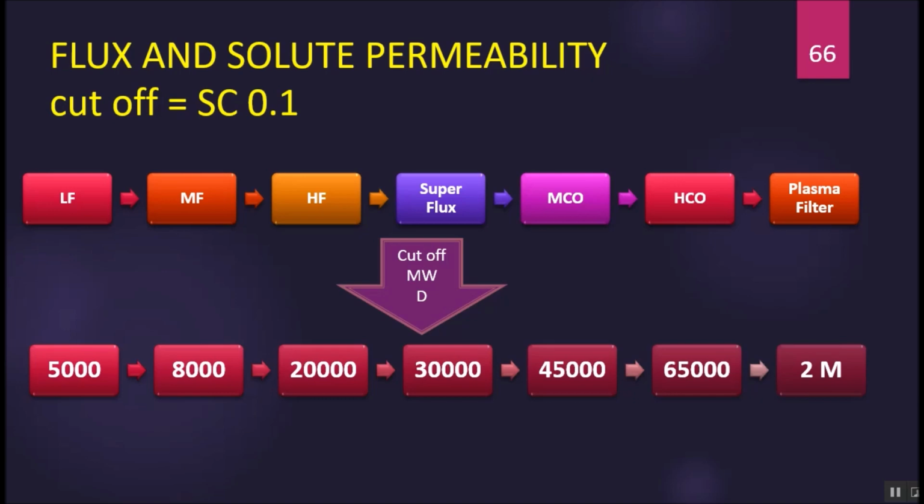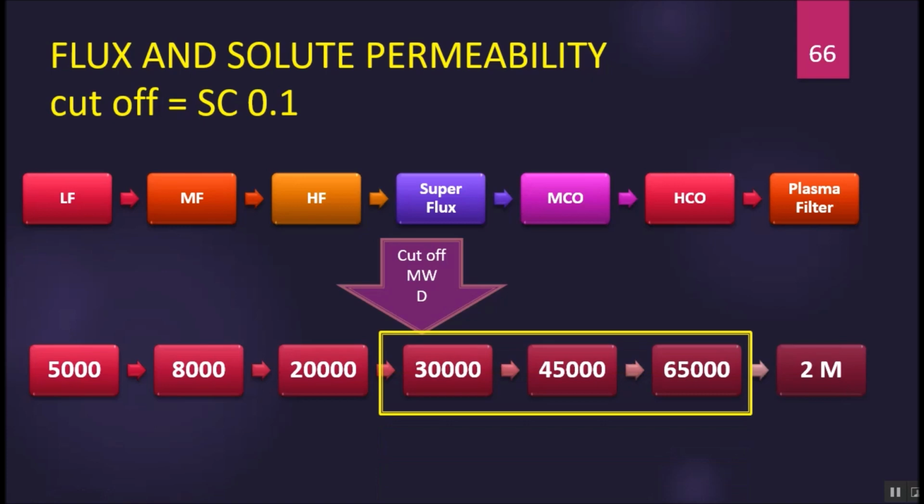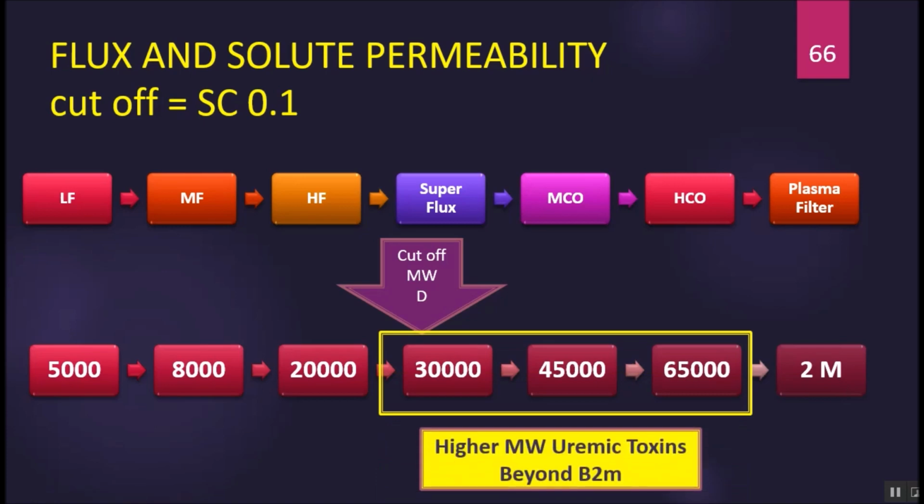Going beyond 30,000 needs more porous membranes like mid-cut-off membranes. While in plasma separation therapy, plasma filters can remove up to 2 million molecular weight. So this is a target to be removed in the future with higher molecular weight uremic toxins, that is triple the size of beta-2 microglobulin.